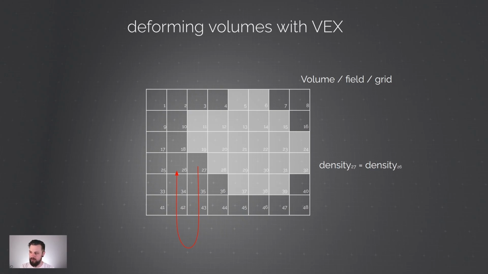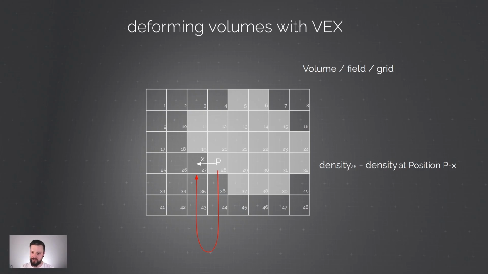Now, the good news is we don't have to actually know the number of the voxel. We actually can work with positions. So basically the density of voxel 28, if we wanted to move it to the right, is supposed to get the value of any kind of data at a certain distance from my current position.